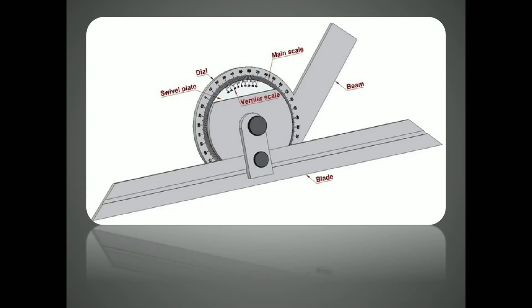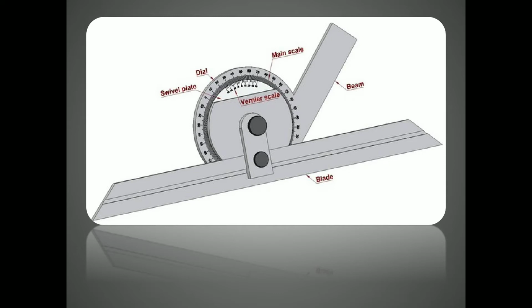So this is the vernier bevel protractor. As we have seen in linear measurement, there are two scales. One is the main scale and another is the vernier scale. To improve the readability and achieve more accuracy, a vernier scale is provided to take the minimum, or we can say the least count, of that particular reading.